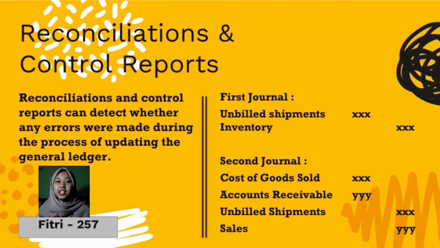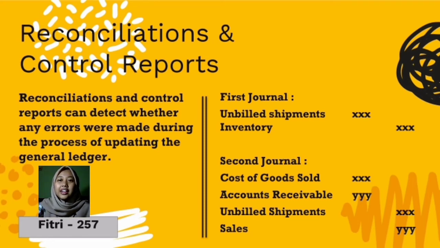Zero means that the debits and credits are equal. If not, there is something wrong, and we must check that again. Maybe we recorded the account in the wrong place, like that.